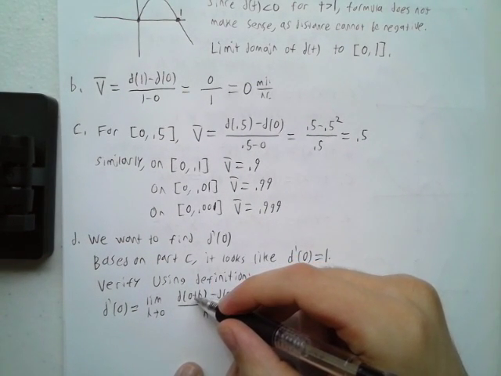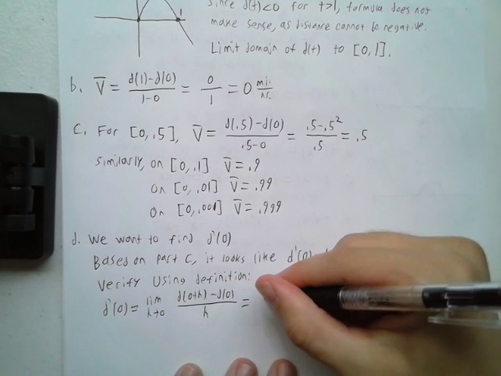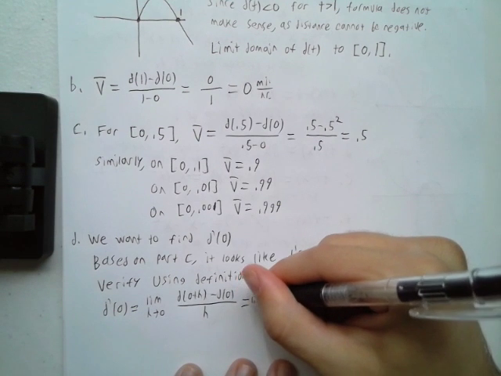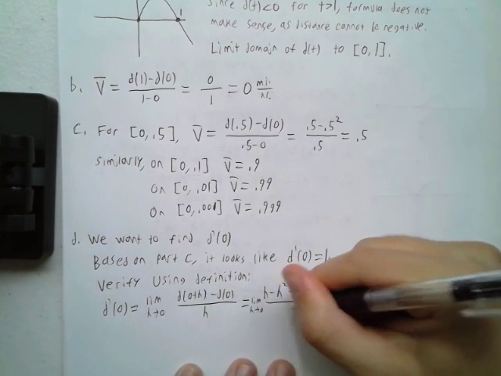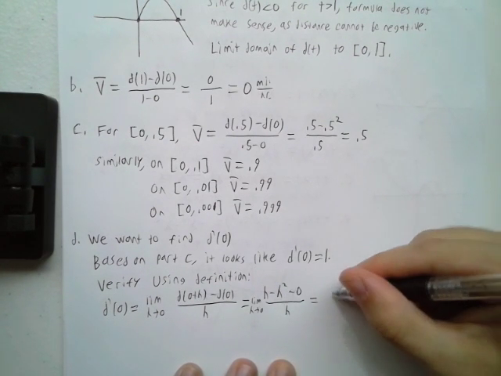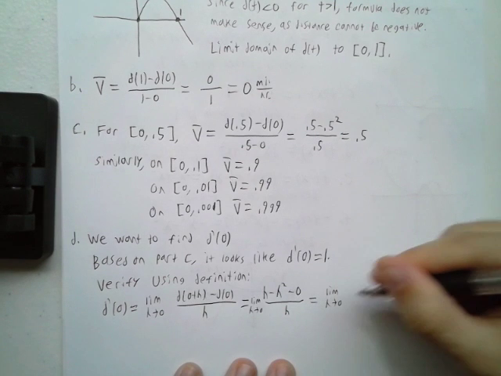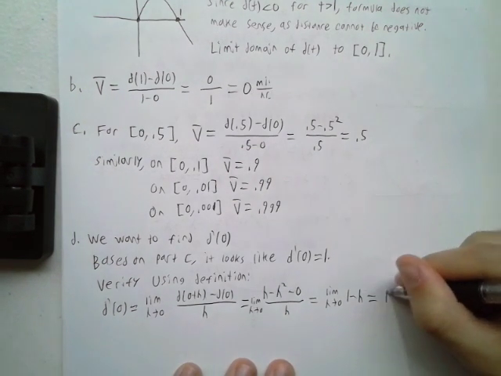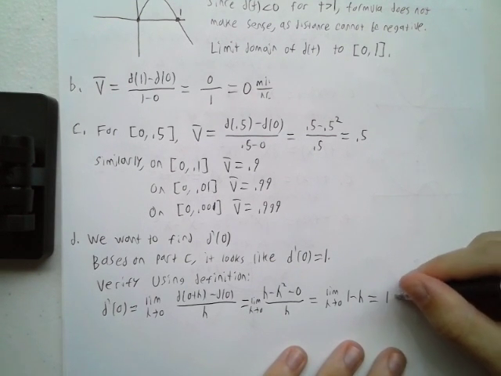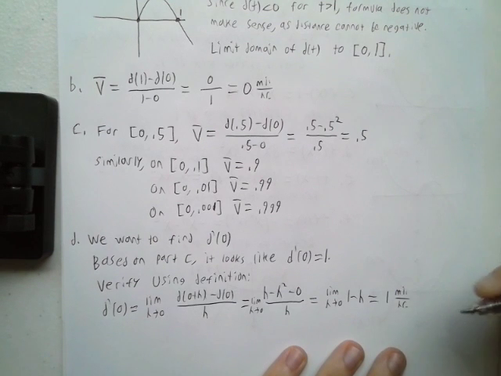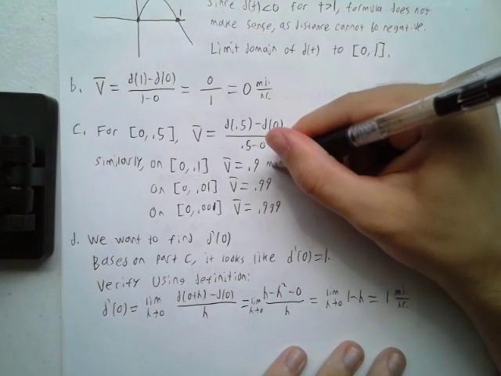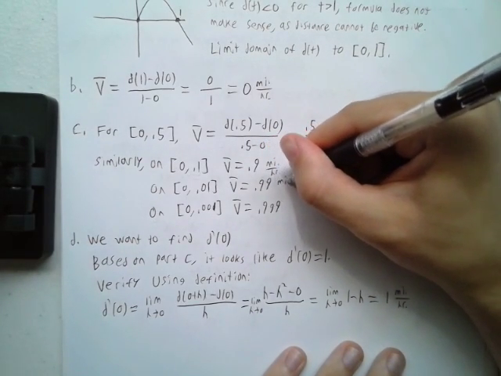If we plug in h to d, we'll get h minus h squared, and then d of 0 is 0, divided by h. We can cancel an h from everything, and we'll get limit as h goes to 0, 1 minus h, which indeed does give us 1. And again, it's worth keeping in mind that the units are miles per hour. And I suppose I forgot, but it would also be good to include this on all of our average velocities.